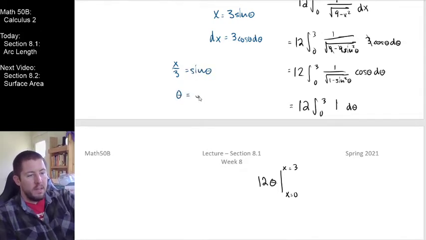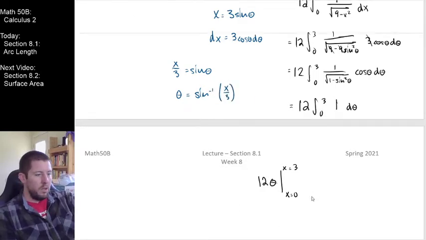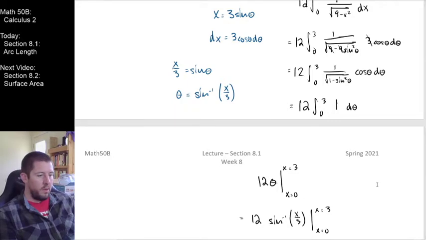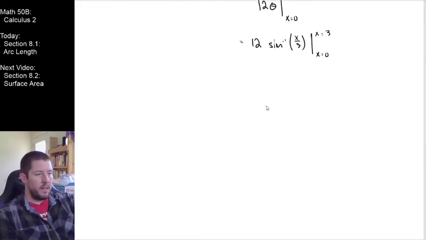So theta is going to be sine inverse of x over 3. So I'm going to be getting here 12 times sine inverse of x over 3 evaluated from x equals 0 to x equals 3. Cool. We just got to evaluate 2 inverse sines and we're done here.